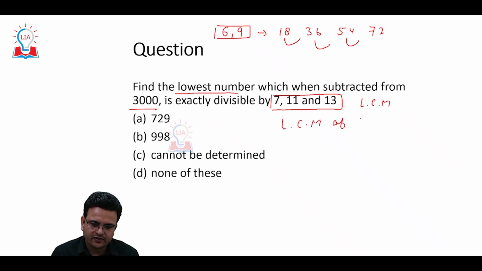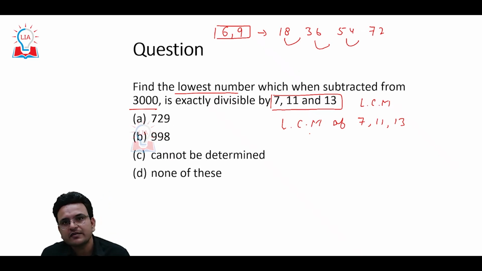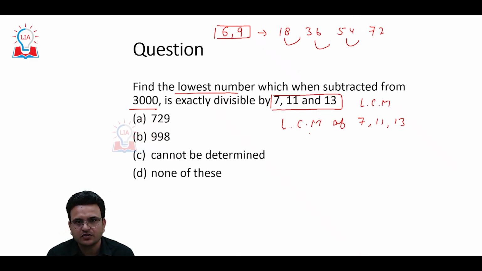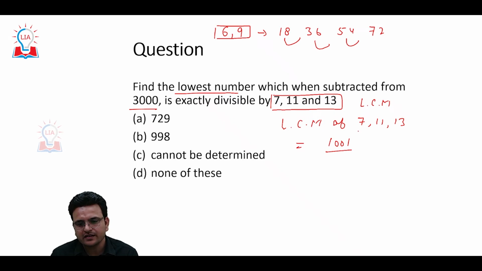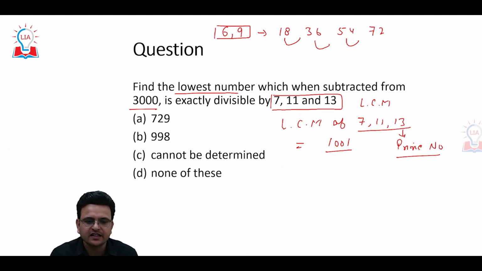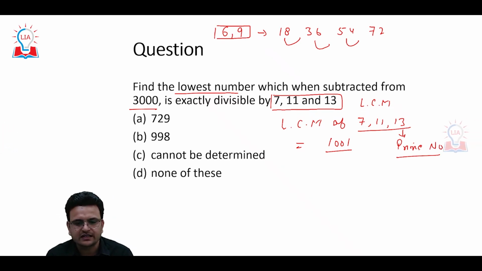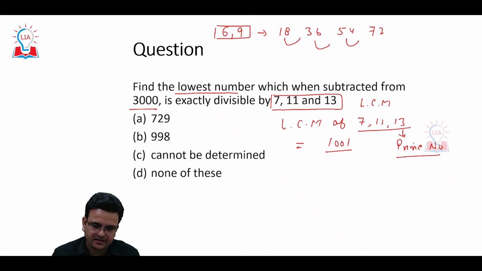So in the same way, what will be the LCM of 7, 11, 13? Try to pause the video and get it. It will be 1001 because all are prime numbers. We just multiply all these given numbers and we get the LCM.